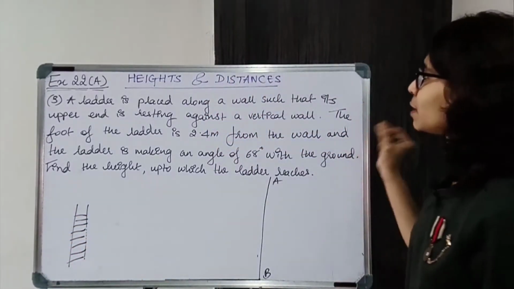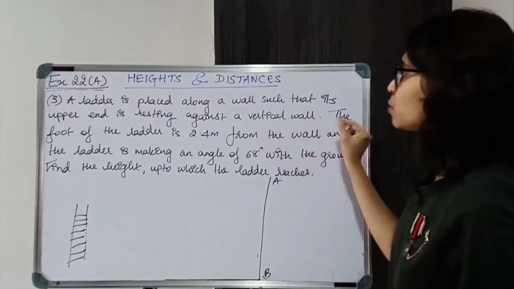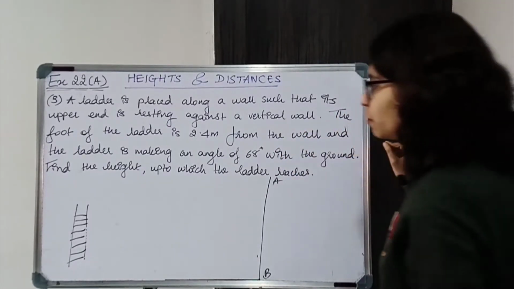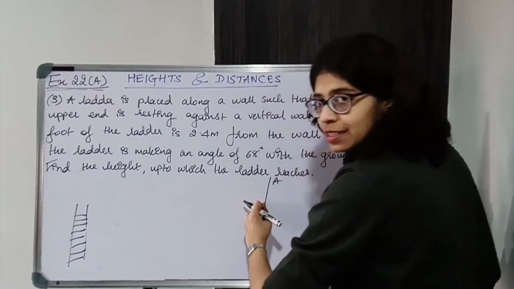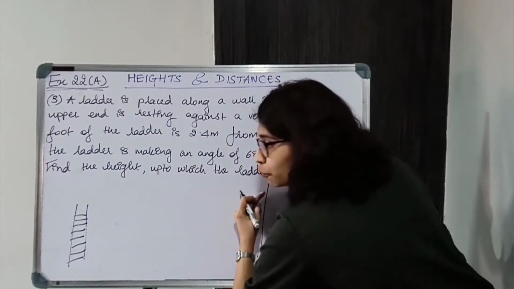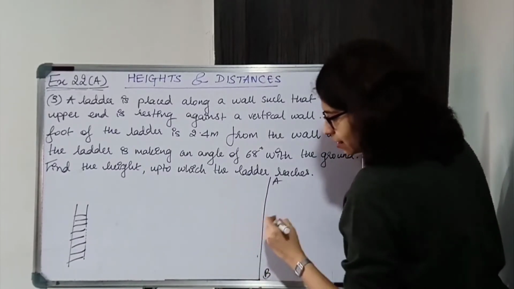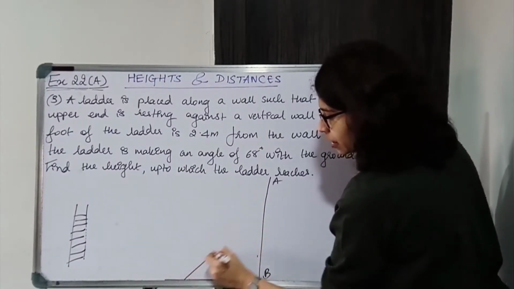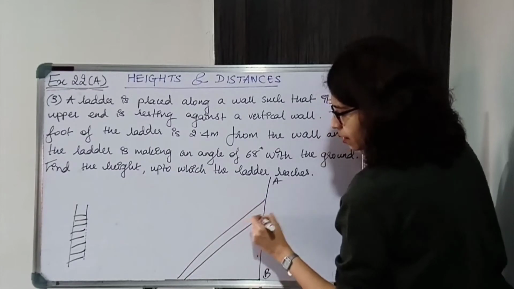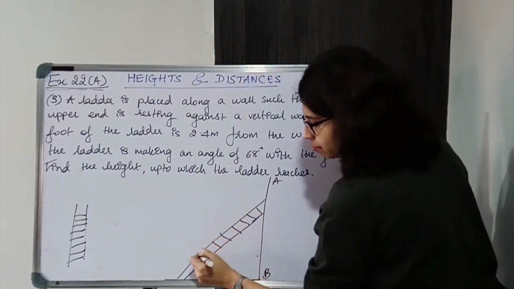Now the ladder is placed along the wall such that its upper end is resting against a vertical wall. So we are taking a ladder and we are placing it in such a way that it is taking the support of the wall, okay, it is resting on the wall. So we are taking this ladder and we are placing it from the ground like this, okay, at an angle.